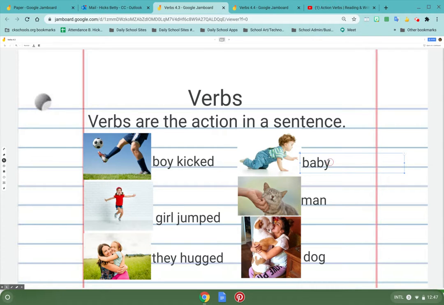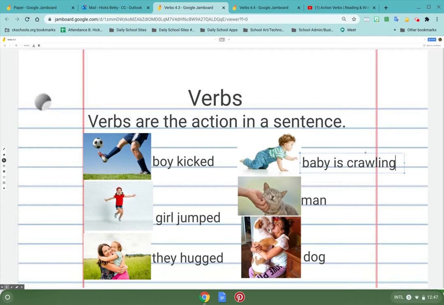Now I look at this, and that's pretty simple because that is a baby. The toddler, that's probably the other subject I could use. And then I would go, what is that baby doing? What is that action I'm seeing? The baby is crawling. Okay? Now, is is what they call a helper verb. It hooks to crawling.